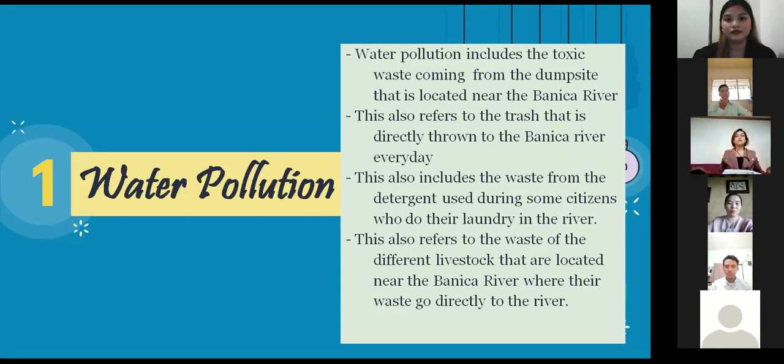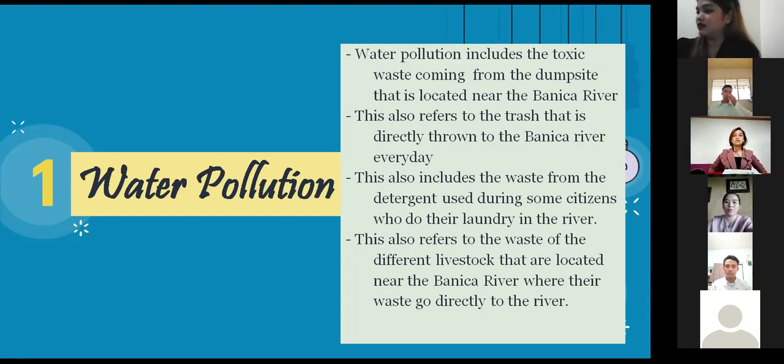Okay. So our main issue here is water pollution. Water pollution includes toxic waste coming from the dump site that is located near the Banica River, situated in Barangay Candau-ay in Dumaguete. This also refers to the trash that is directly thrown into the Banica River every day.